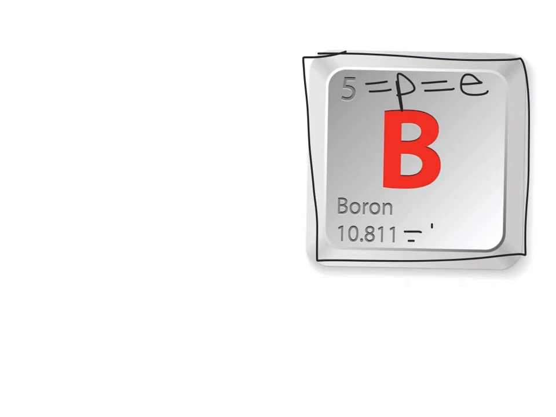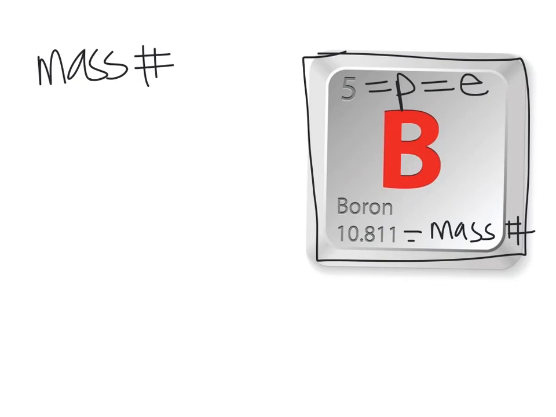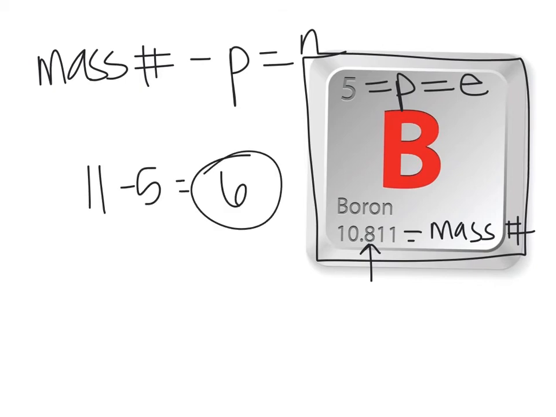This is the mass number. So you take the mass number, you subtract the protons, and then you find neutrons. So we do 11. Since this number is above 5, we round that up. It's 11 minus 5 equals 6.